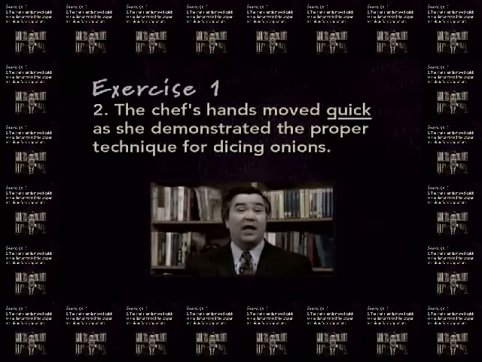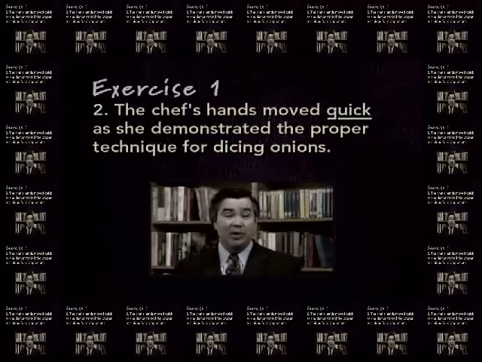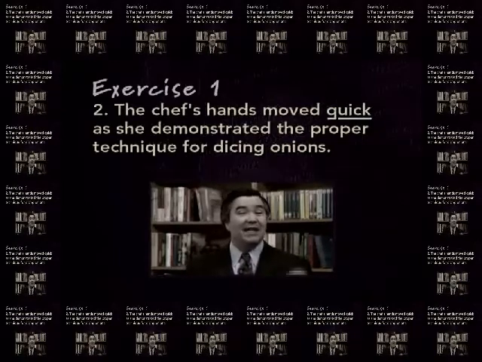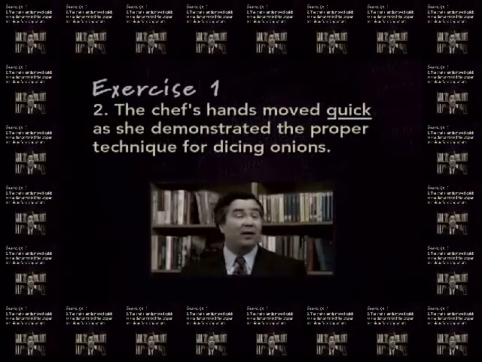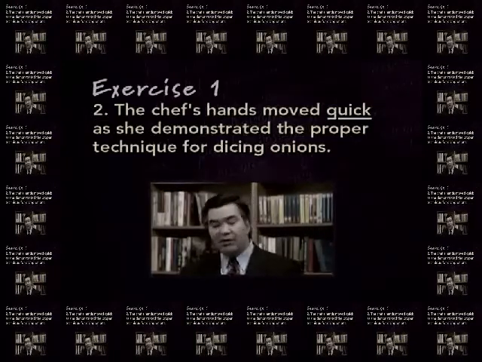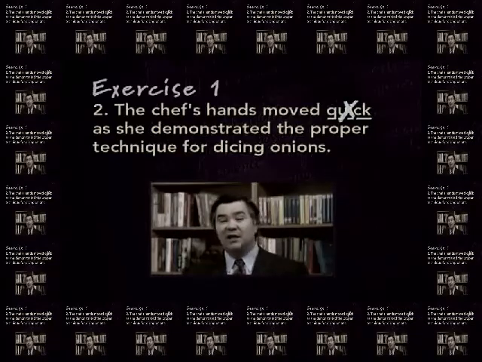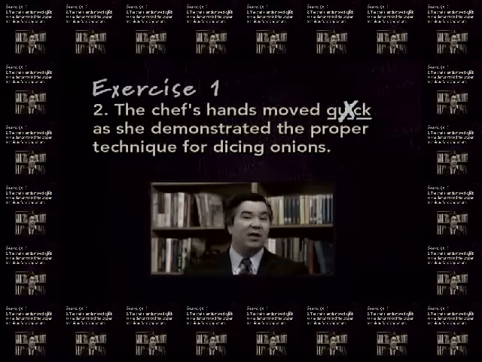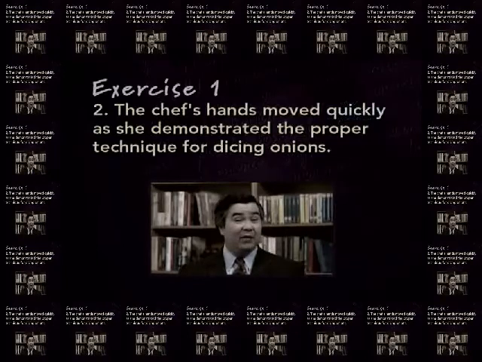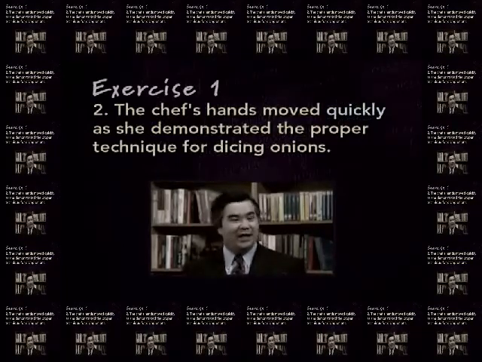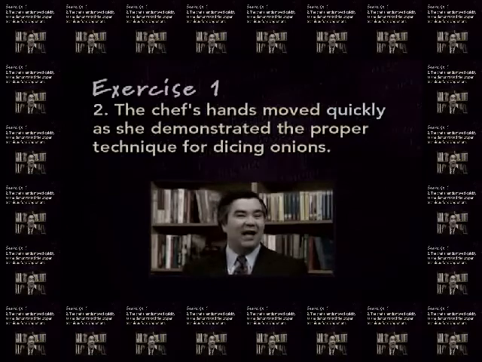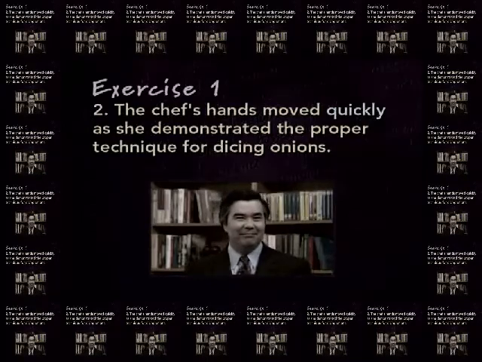You can see her hands moving just by imagining what's going on when you read this sentence. So moved is an action verb, and therefore it should be followed by an adverb, not an adjective. So the modifier quick is incorrect. Instead of the adjective quick, we want the adverb quickly, and that would make this incorrect sentence correct. So quick, the adjective, should be changed to the adverb quickly.